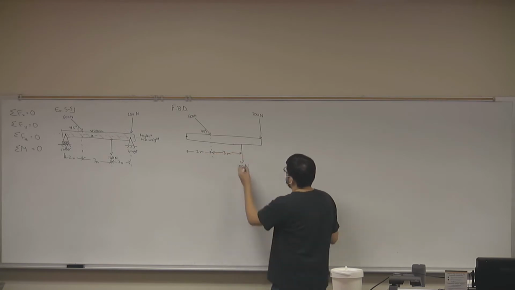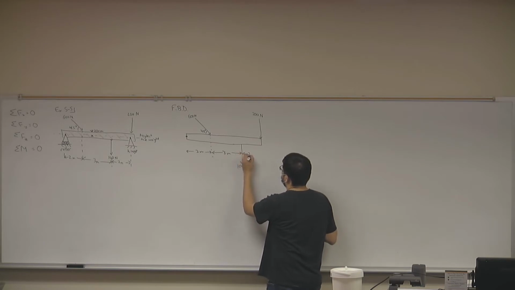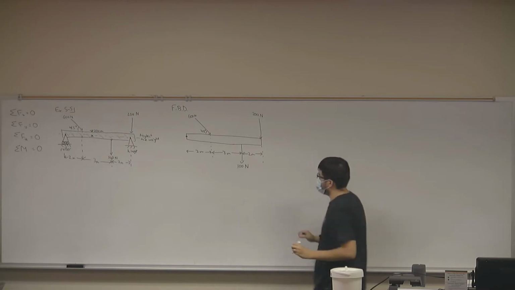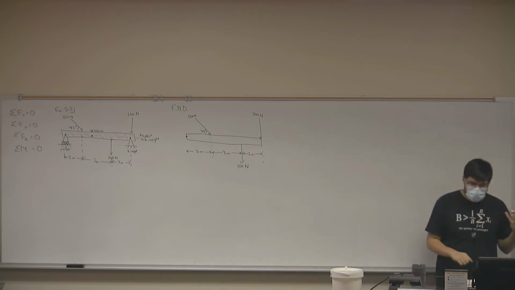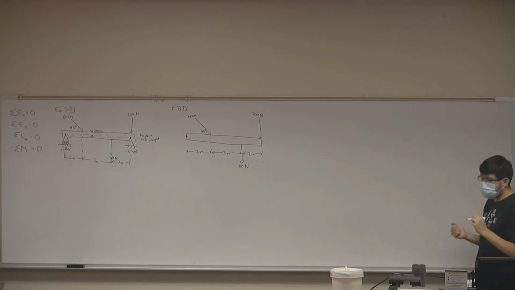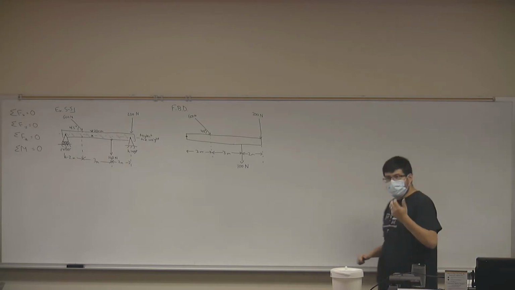We know that this 200 Newton force is acting at 2 meters from my origin. That means that this beam is 7 meters long. Okay? So we've identified these forces. And now let's go to the reactions.